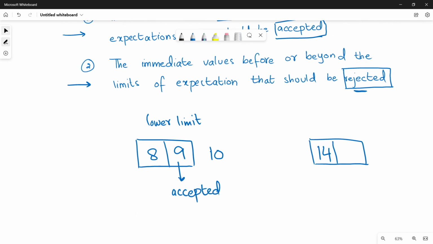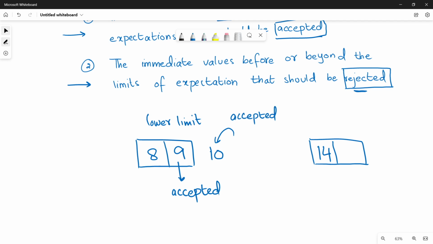So if I take 10 as an immediate value for the integer 9, the lower limit, then I know that 10 will be accepted by the system. And I cannot have a pair in which both the values will be accepted.